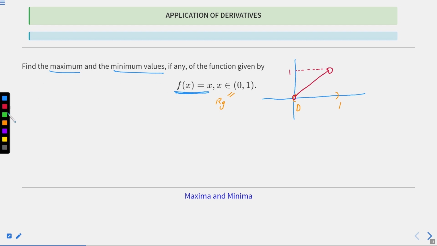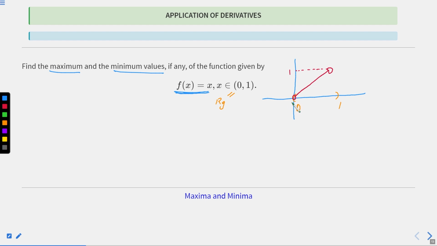Now, if someone were asked what the maximum value is, do not blindly say that the maximum value is f(1). No, the maximum value is not 1. And do not blindly say that the minimum value is 0.